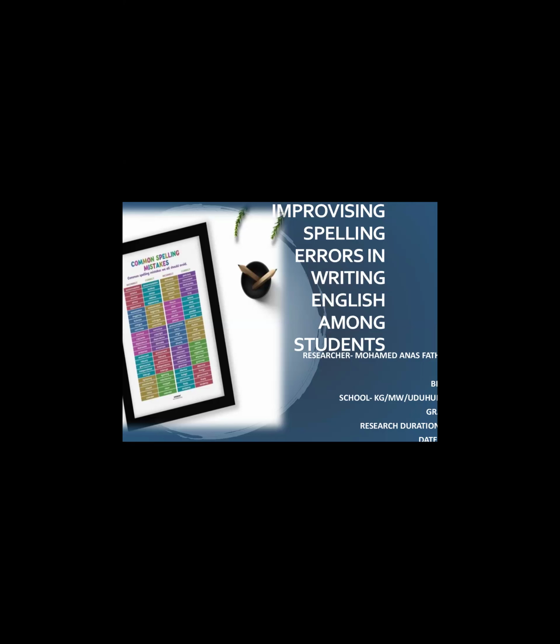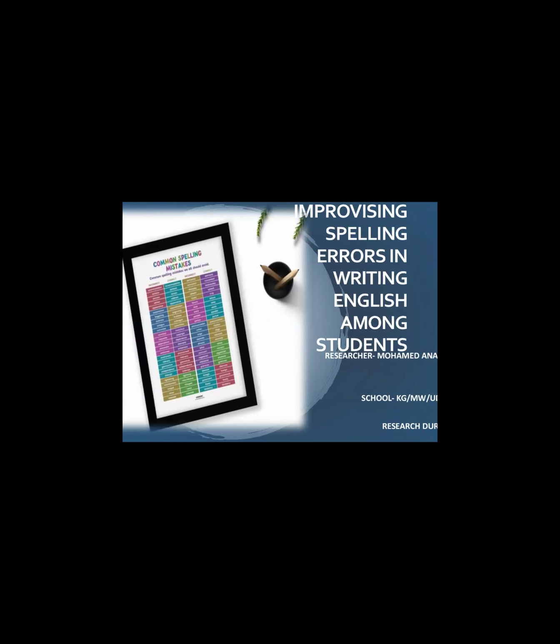No. So what do you want to do now? In their writing, you want to reduce the spelling errors. Spelling mistakes. Is that the one you want to do? Yeah, I have to reduce their spelling mistakes in their writing. Yeah. So you can write the same.